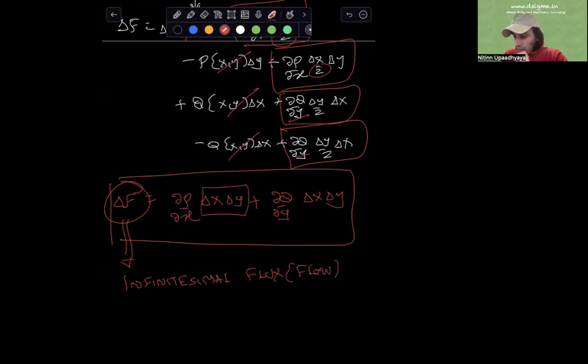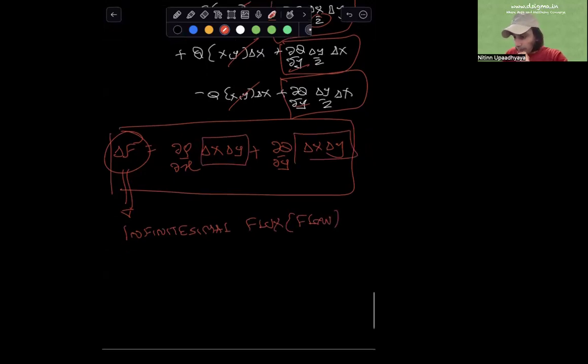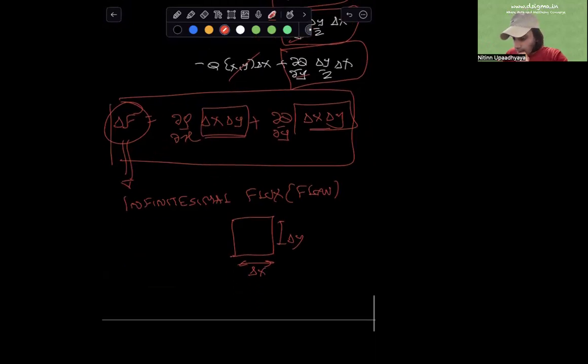Now, del x, del y, if you remember, defined the dimensions of the infinitesimal region that we considered. So del x times del y is the area of the infinitesimal loop which we considered. And this is common between these two terms. So I can take this on the other side. Maybe I can write this as del A. So let's define the infinitesimal area as del x times del y.